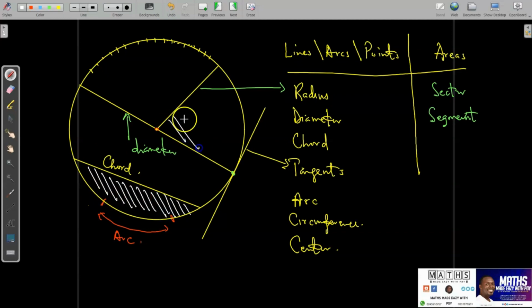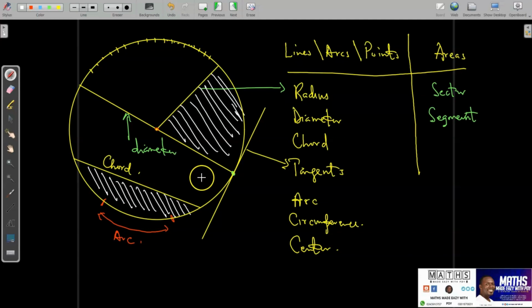And as I said, the area here is known as a sector. We have a minor sector, and then the other part will be a major sector. A major sector will have an angle wider than a minor sector. Likewise, for a segment, we have a minor segment and then a major segment.